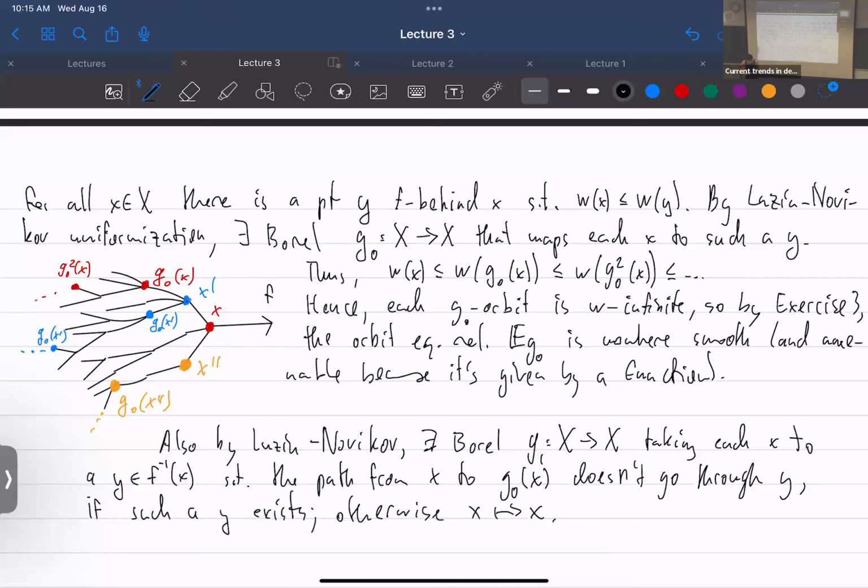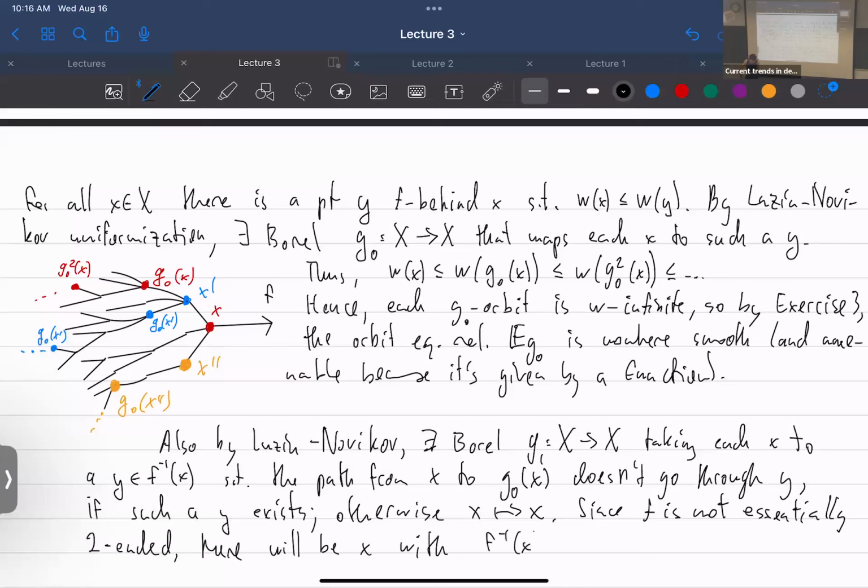Okay. So now note again that f is not essentially two-ended, which means you can't reduce to a complete section where it is essentially two-ended. There will be points x with two predecessors, with the size of f inverse of x bigger than or equal to 2.